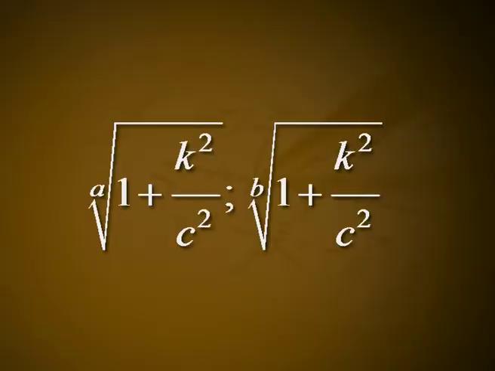The section is therefore an ellipse whose semi-axes are a into square root of 1 plus k square by c square, b into square root of 1 plus k square by c square, and whose center lies on the z axis and which increases in size as k increases.